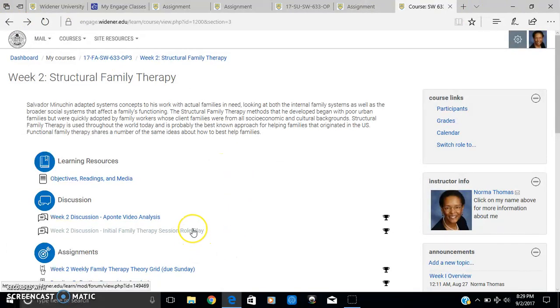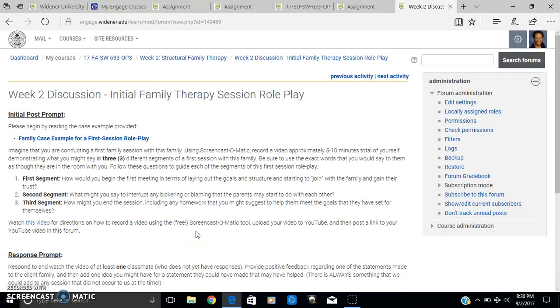Your next discussion is an initial family therapy session role play. So this is where you get a chance to videotape yourself. So again, first, look at this case example called a family case example for a first session role play.